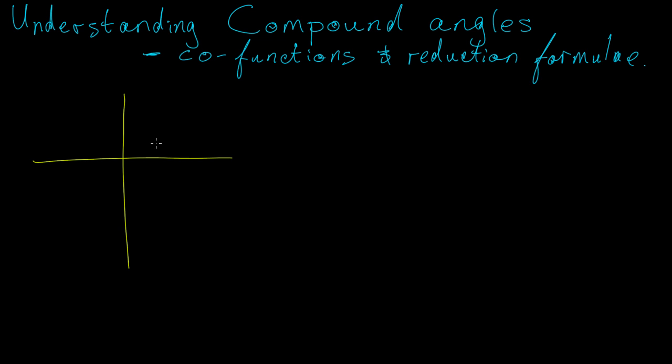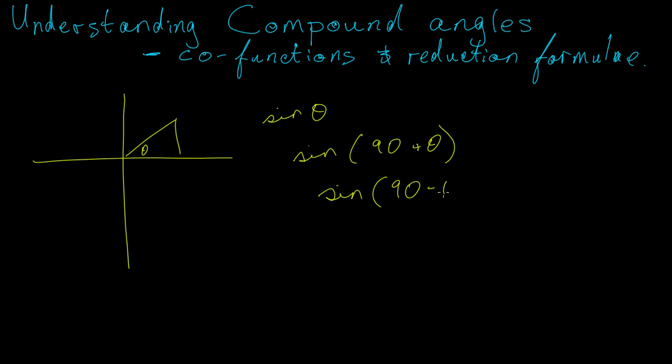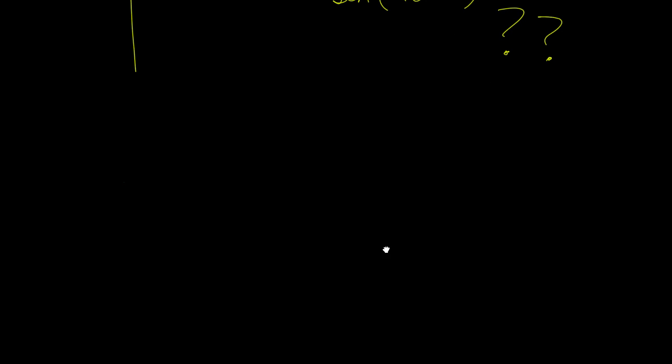If I have the sine of theta, what will happen if I want the sine of 90 plus theta, or even the sine of 90 minus theta? How do you think about that? How do you work that out on the fly? So that's what we're going to do. Stick around. I want to show you something that'll make this all a lot more comfortable.